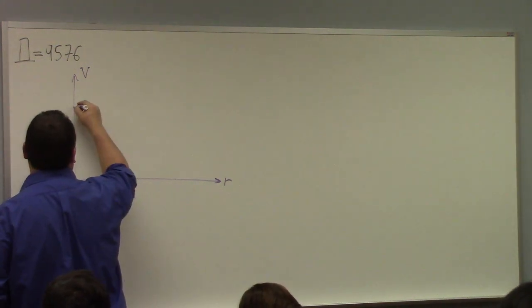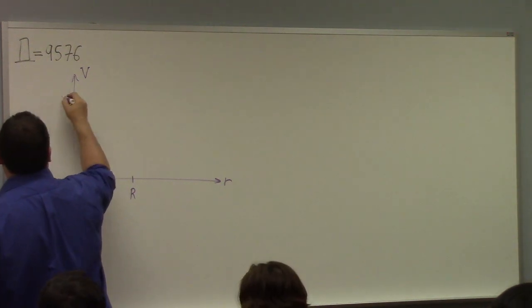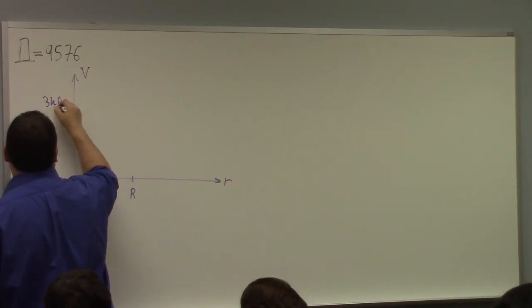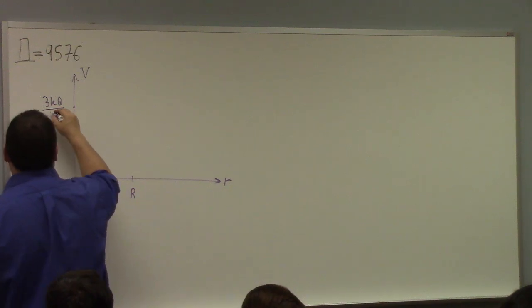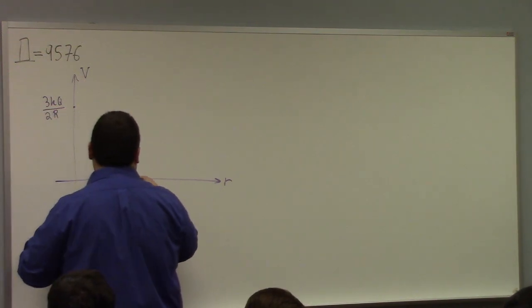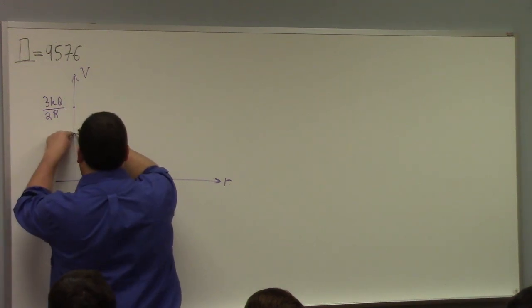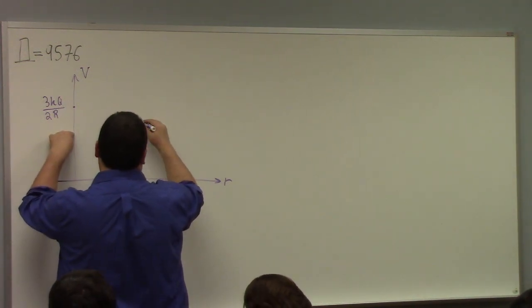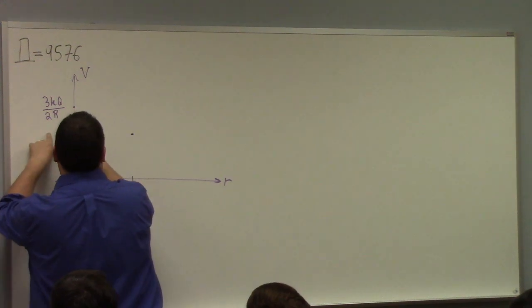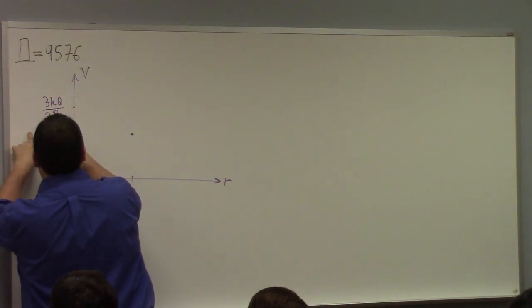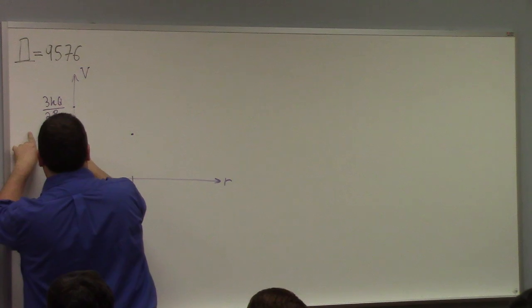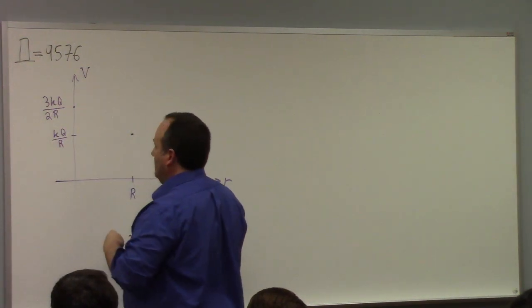Let's see here, so about here. 3kq over 2r, or 1.5 kq over r is there. And then it's, let's see here, so about here-ish. This is kq over r. That's the voltage at the surface, right?